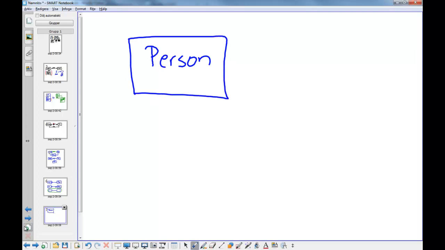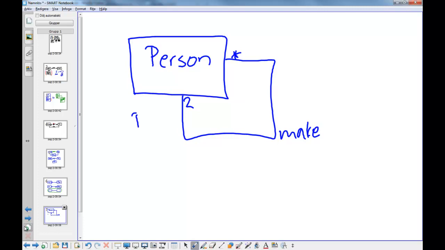So we have a person and 2 persons make multiple other persons. And we call these parents and children. And as you see, this is quite powerful. Reflexive associations are powerful and complex, but they can exist.